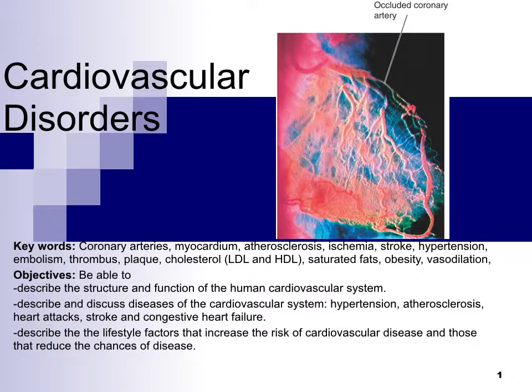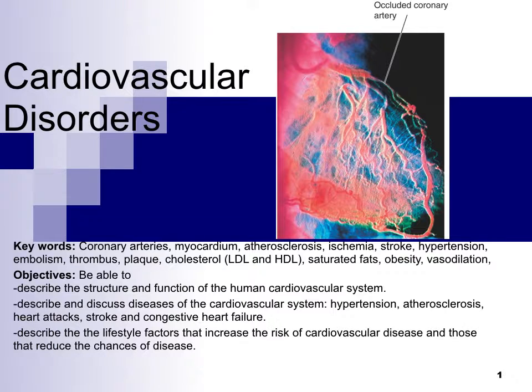Here I have a picture on this first slide of an angiogram. This is when they inject a radioactive dye into the blood vessels, and then they take a picture as it goes through the blood vessels of the body. You can see how blood is flowing through these vessels.